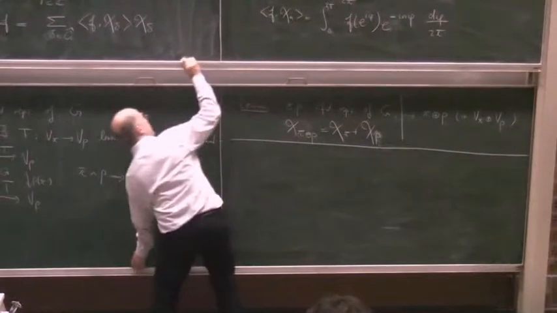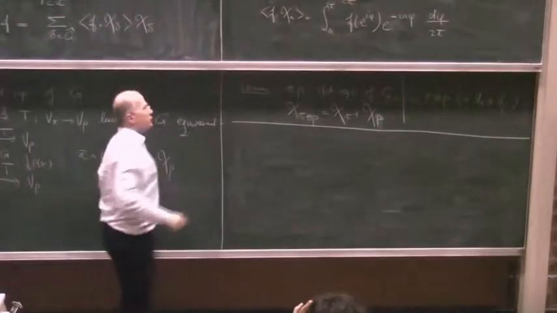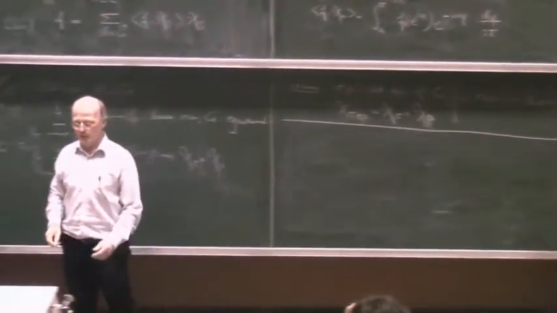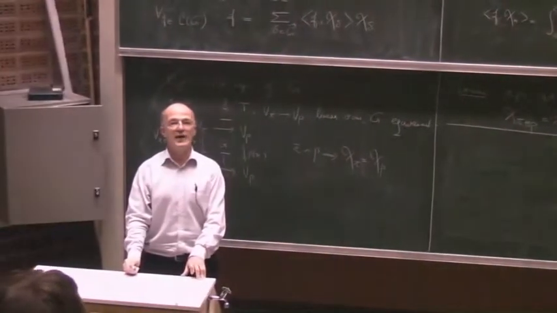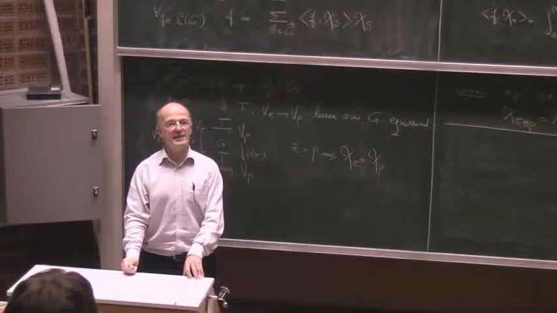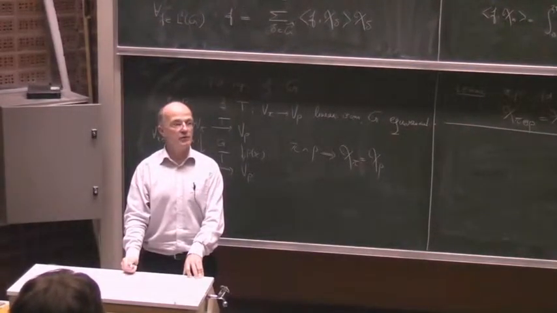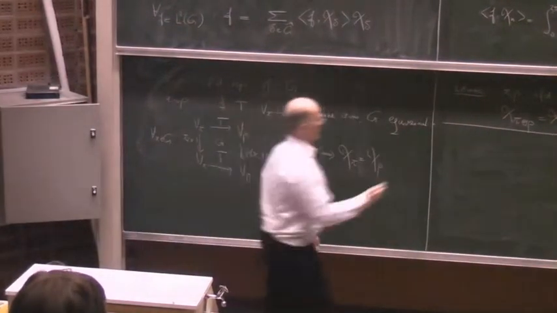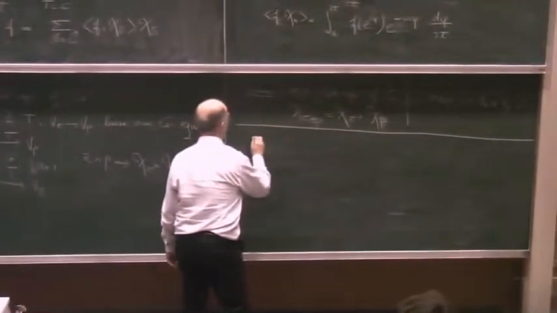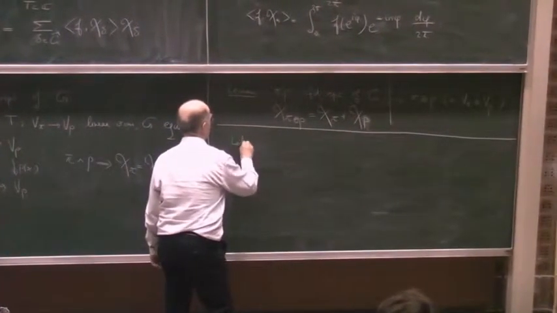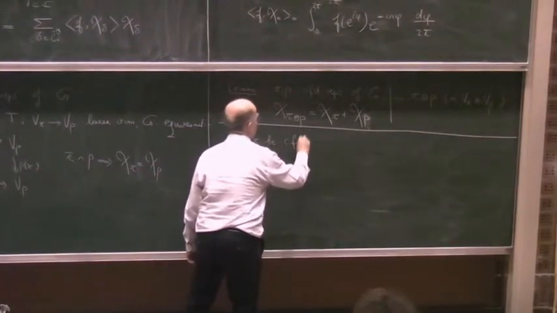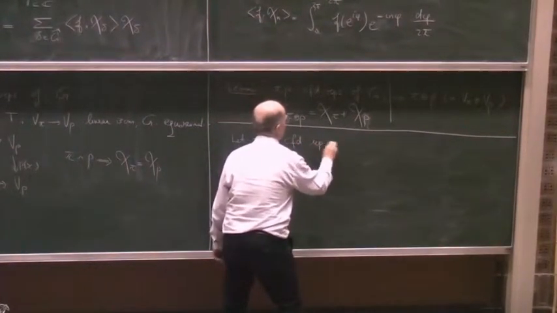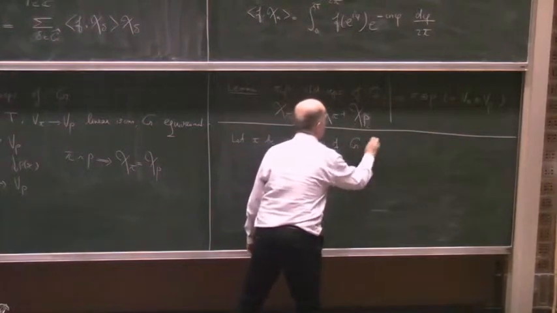Now, this has an immediate implication for compact groups, because if we have a compact group and we have a continuous finite dimensional representation, we know it's unitarizable, and therefore it splits as a direct sum of irreducibles. So, let pi be a continuous finite dimensional representation of G, a compact group.